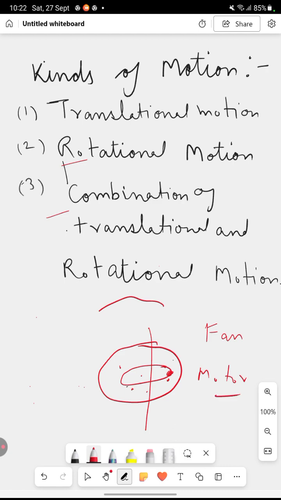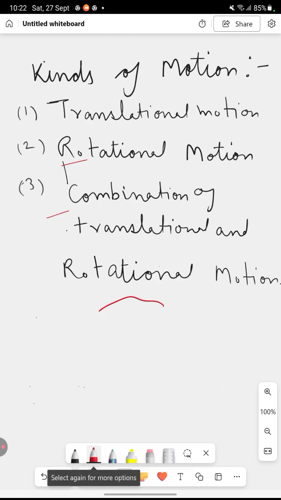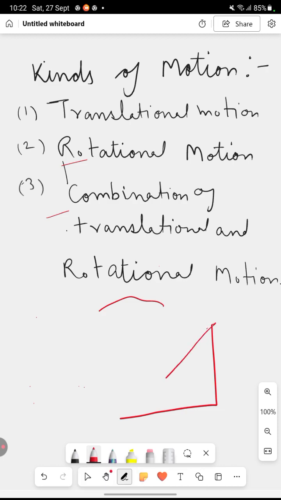Third is the combination of translational and rotational motion. Now let's consider a wheel moving downside from a slope.